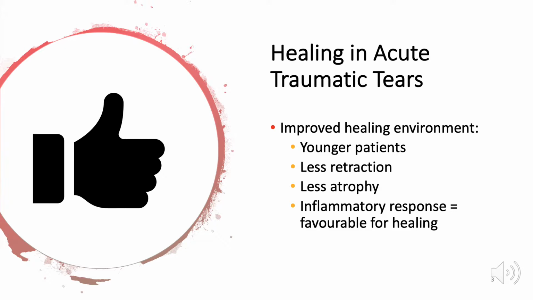The tendon has undergone less retraction, especially in the acute setting, as well as less atrophy, which in general would manifest as a lower Goutallier score. And then furthermore, in the acute setting, these patients have an inflammatory response after injury, which may be unfavorable for symptoms, but can be favorable for promoting a healing environment and a healing response.